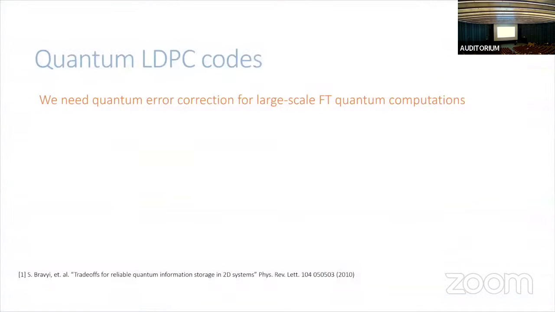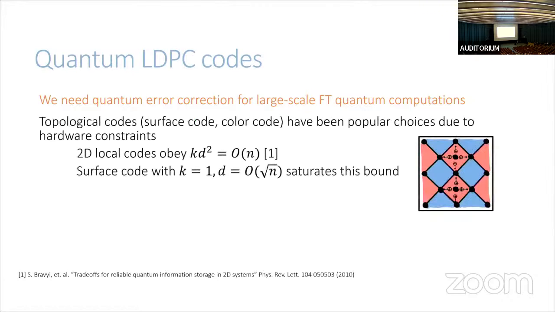So just as another introduction to quantum LDPC codes, we're going to need quantum error correction for large-scale quantum computations. Even if we improve our gate fidelities and our device performance, we need to drive down the error rate to do large algorithms. In the past, the choice has usually been the surface code or some topological code like the color code.